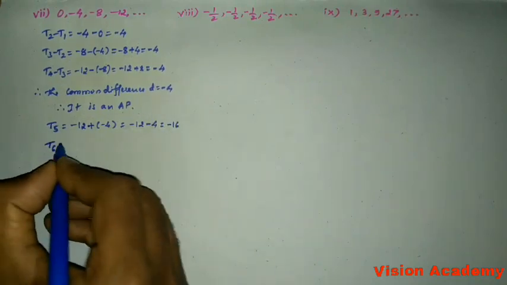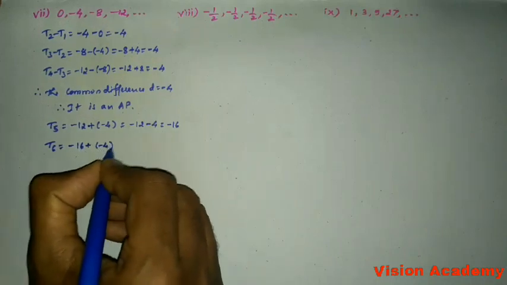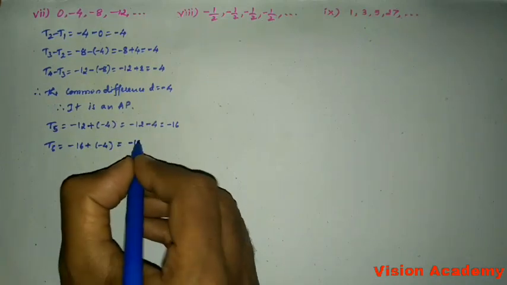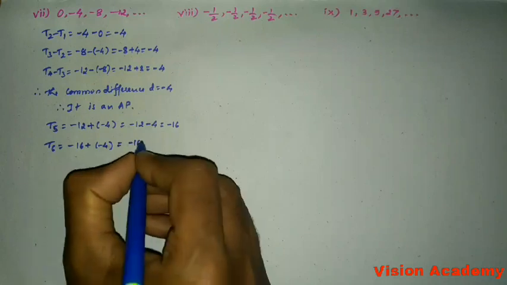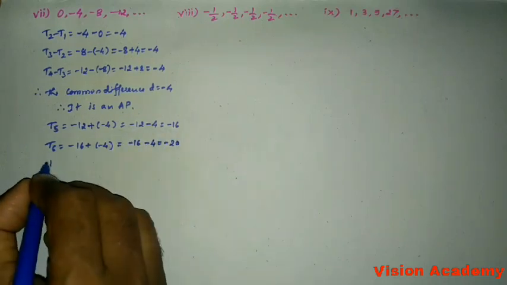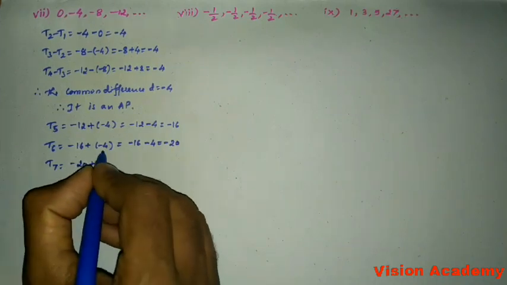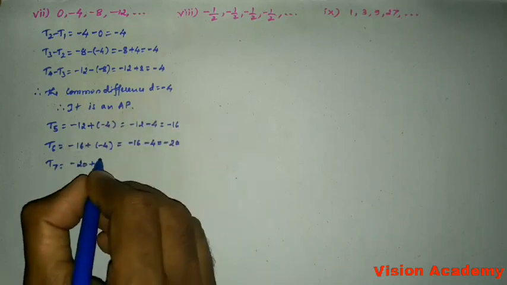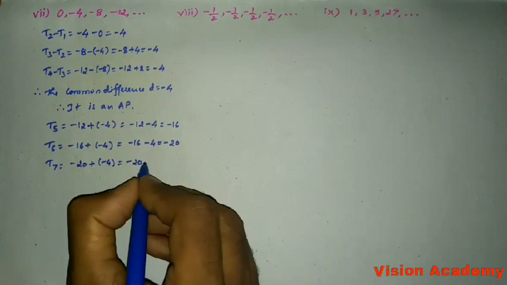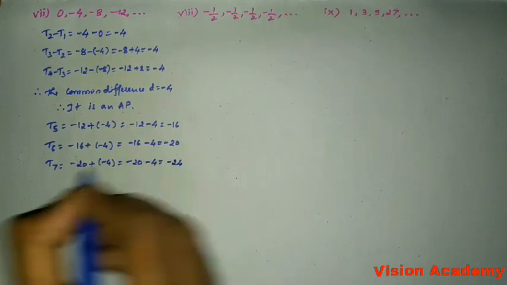Next, T6 is equal to minus 16 plus minus 4, that is the common difference, is equal to minus 16 plus into minus is minus 4, which is equal to minus 20. T7 is equal to minus 20 plus the common difference minus 4, which is equal to minus 20 plus into minus is minus 4, which is equal to minus 24.